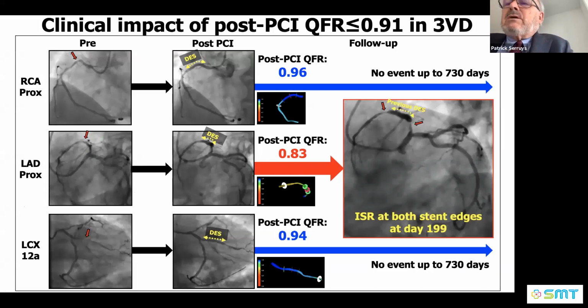So clearly they didn't do a very good job. They oversized and overestimated the dilatation, probably damaged the vessel at the edge and got that as a consequence. And that was perceived by the QFR technique. Next.